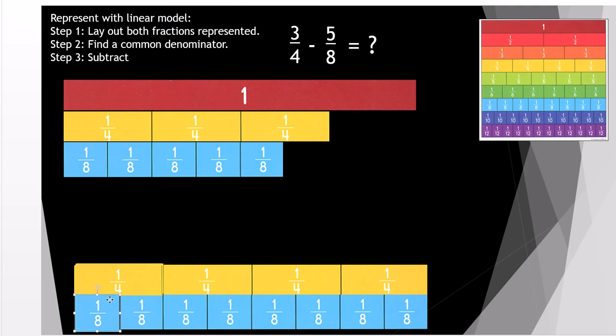What about 1/8? Can 1/8 be our denominator? And the answer is yes, because it lines up with 1/4. So 1/8 can go into 1/4.